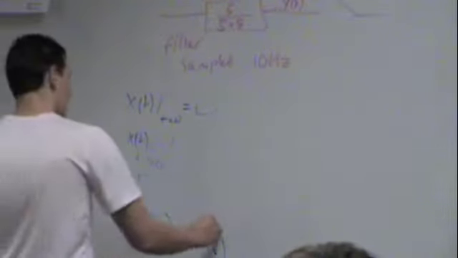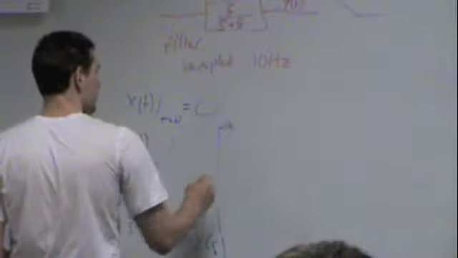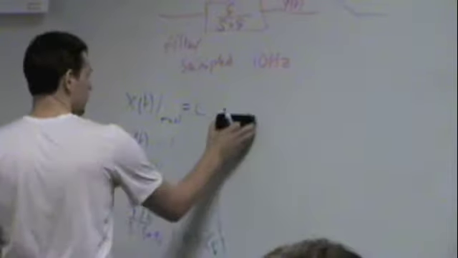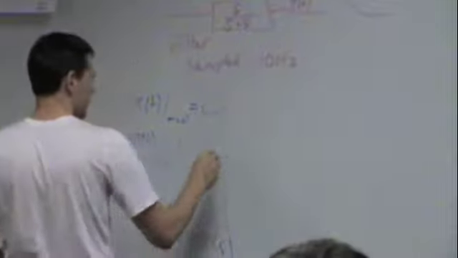All right. So we have 1 over s times that. Then what we do is we take that equals y of s, right? So now we need to take this back into the time domain, which we do with an inverse Laplace. But to do an inverse Laplace, first we need to do what? You guys remember?